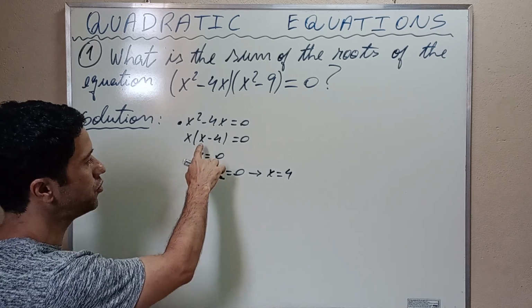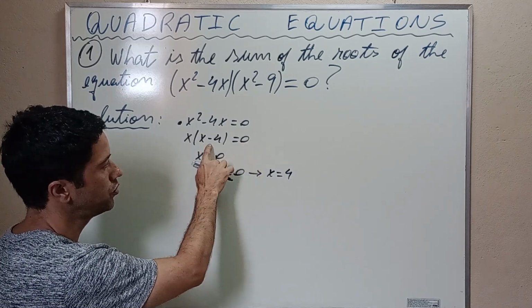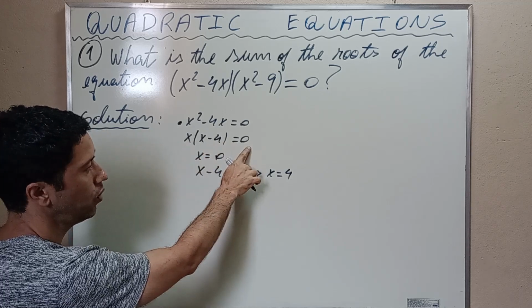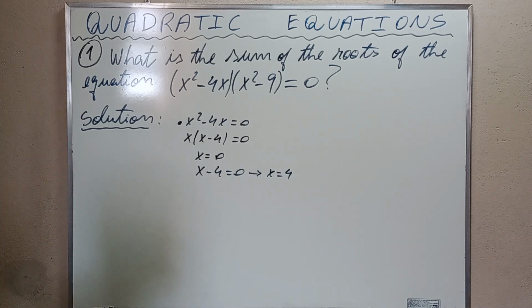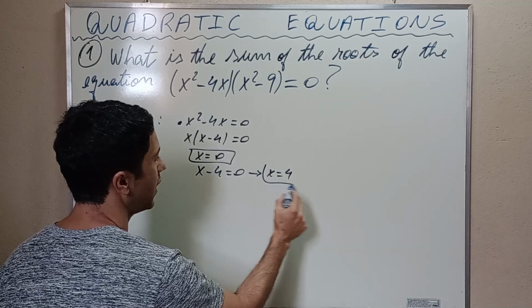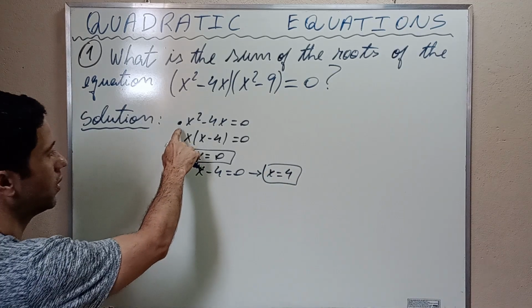If I substitute 4 here, 4 minus 4 is equal to 0, and 0 times any value will be 0. Then we know that x equal to 0 and x equal to 4 are the roots of this equation here.